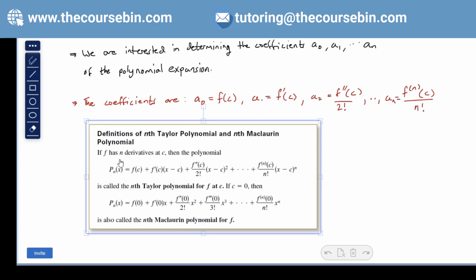Right? So if f has n derivatives at c, then the polynomial p sub n is equal to f of c, f prime of c times x minus c, and so on. Right, so this is the nth Taylor polynomial. And then for the Maclaurin, you're centering it at c equal to 0. So this is the nth Maclaurin polynomial.